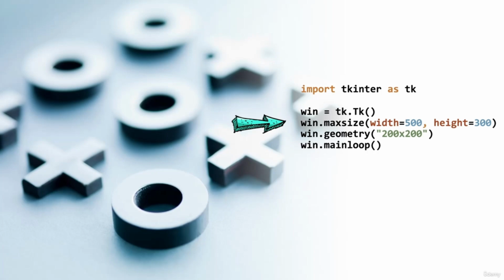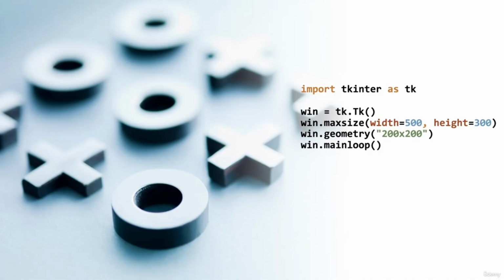It accepts two arguments. The first argument represents the width of the window, which is set at 500, while the second argument is the height of the window, which will be set at 500 as well. Both integer values represent pixels.